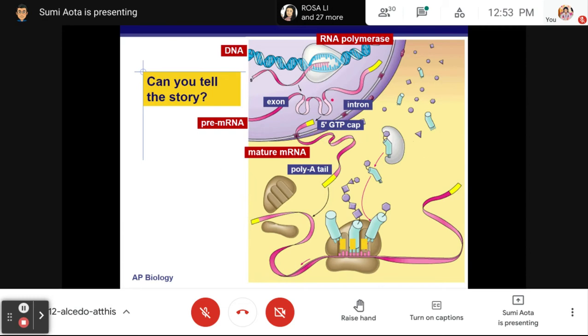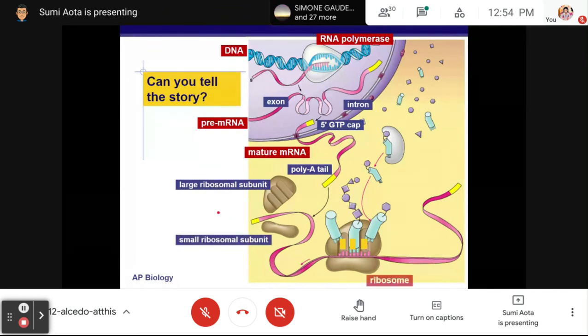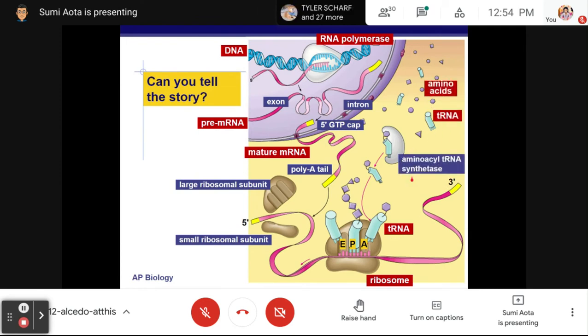You should also be able to talk about spliceosomes, the large and the small ribosomal subunits coming together to form a ribosome, the 3 sites on the ribosome, the ends of the messenger RNA and how it enters the ribosome, what a transfer RNA is, how the empty tRNAs and amino acids get joined by aminoacyl tRNA synthetase, and then the formation of the polypeptide.